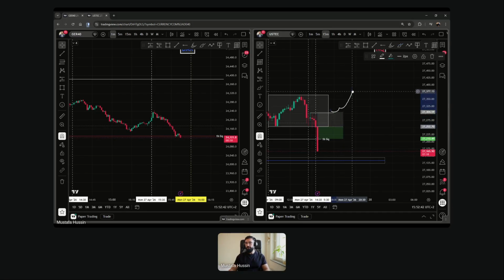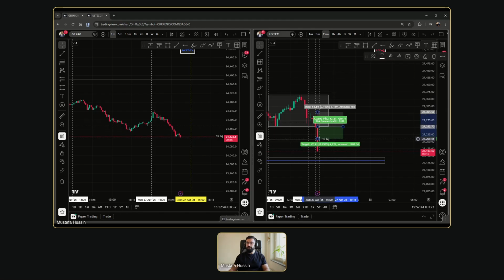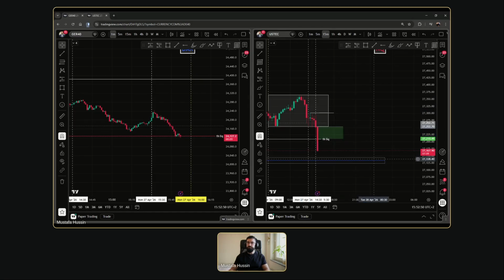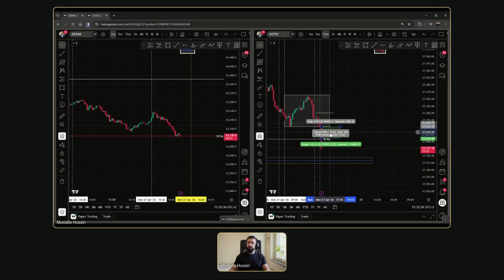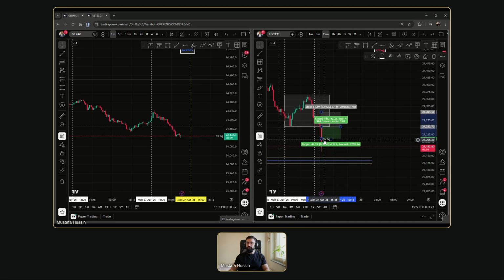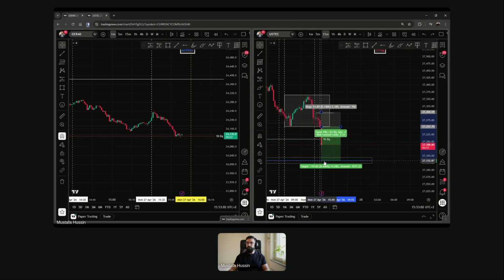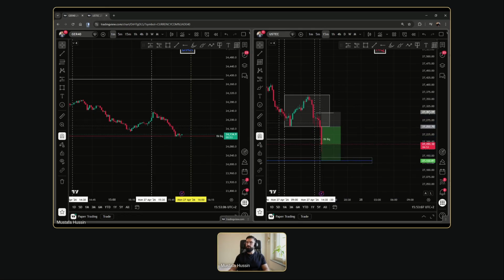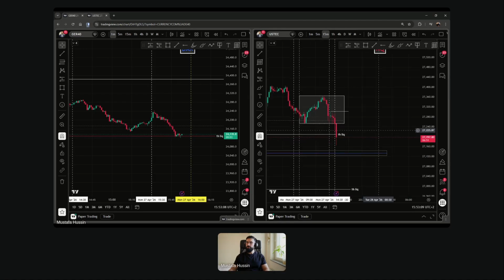Now, you can also move your stop loss to break even when it comes to this area and hope for the best. But we don't trade that way. Hoping it reaches this fair value gap area and gives you 1 to, I don't know, 1 to 2.3. That's not a good risk reward trade. It's not.